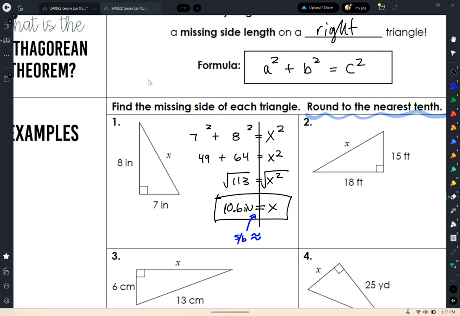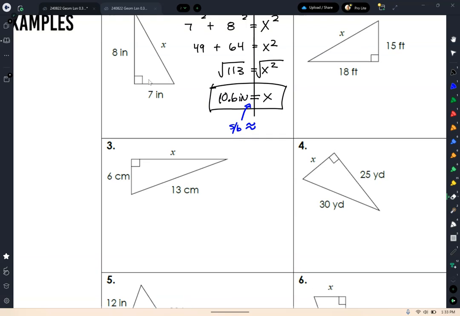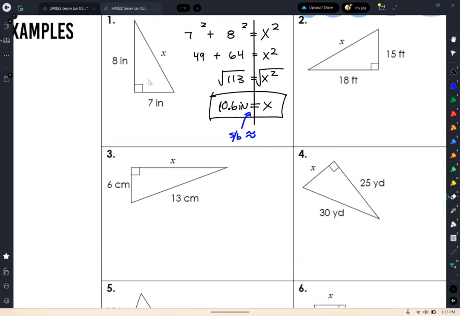Page 4, numbers 4 and 5. And then all of these. There's 8, right. That's a total of about 14 questions I gave you.